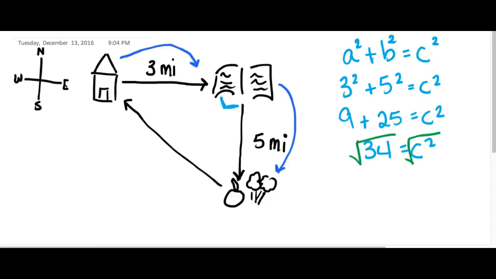And this is when my handy dandy calculator comes in. And it ends up being approximately, so we can round to the nearest whole, or we can round to the nearest tenth, which I'm thinking I might do. So it's approximately 5.8 miles.